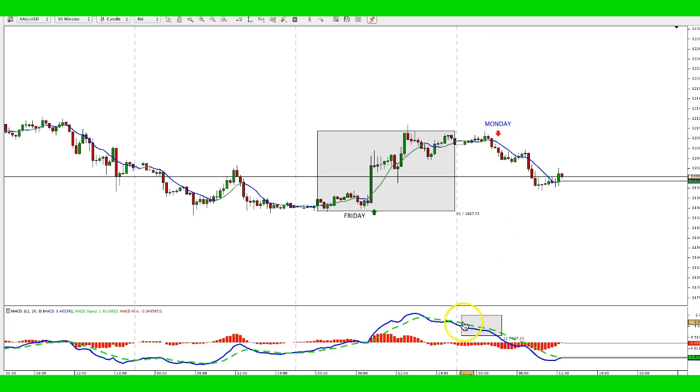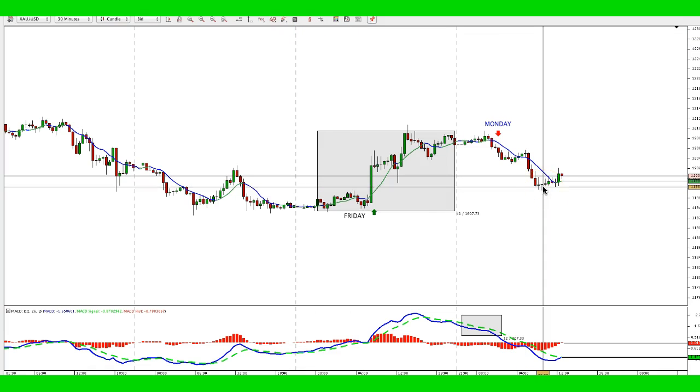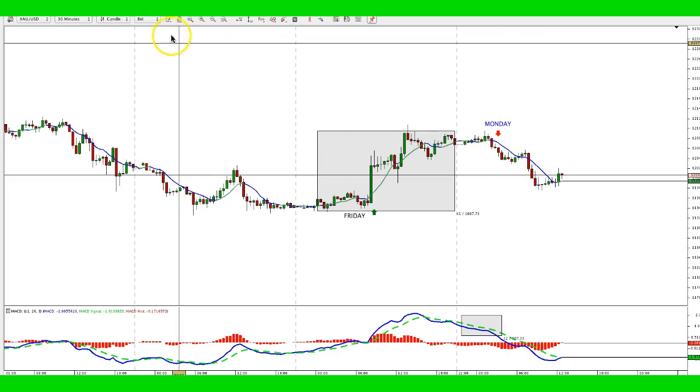And I qualified the trade, waited for price to break below the 8 moving average line, and made sure the two lines were crossed and angled and separated going down, and that was the trade. Normally I would get out at a Fibonacci level, and this was a 61% retracement level right there at 1198 area. Okay, so that was a very good retracement.